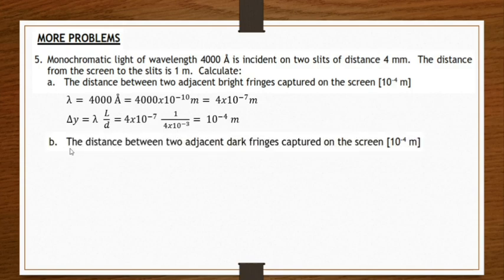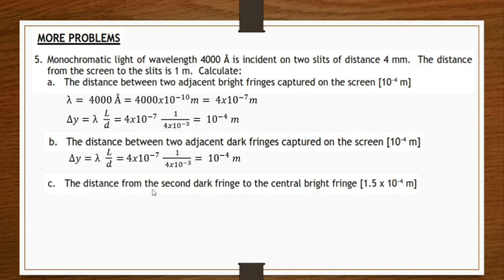B, the distance between two adjacent dark fringes captured on the screen. From dark to dark and from bright to bright, it will have the same equation of delta y. Delta y equals lambda L over d, so it is equal to 4 times 10 to the minus 7 multiplied by 1 over 4 times 10 to the minus 3 equals 10 to the minus 4 meters.